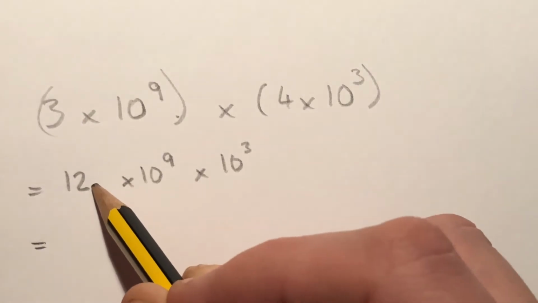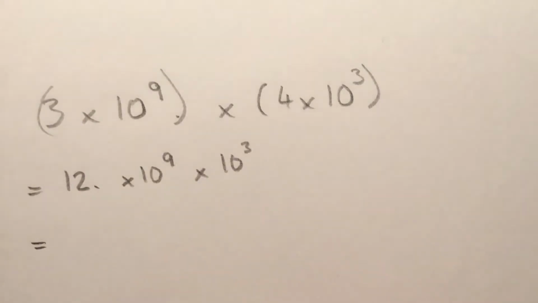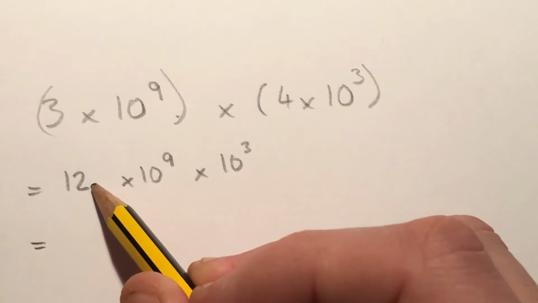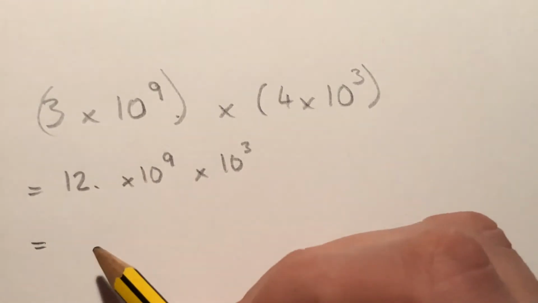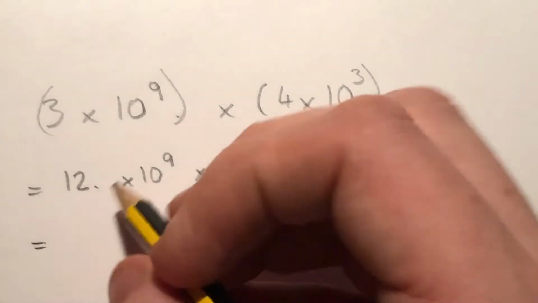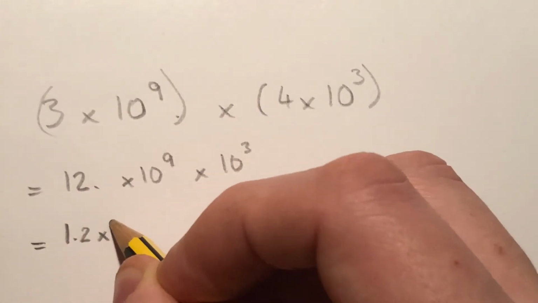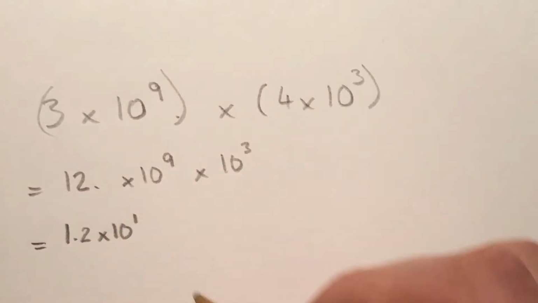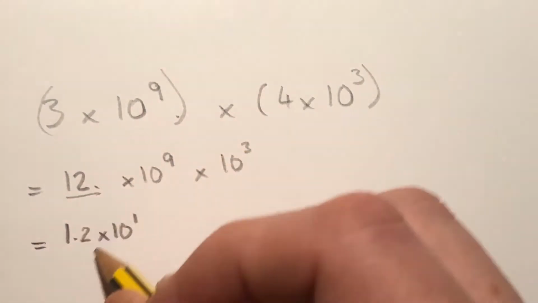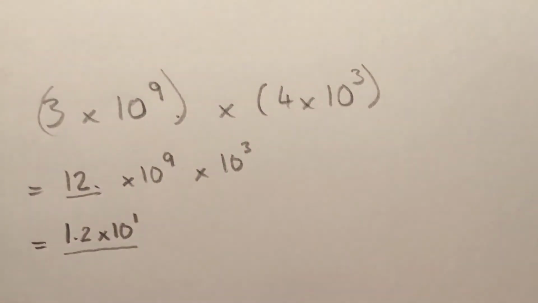Now this is just 12, so that decimal point must be at the end. What I'm going to do is move this decimal point one place to the left to create a number that lies between 1 and 10. So I've got 1.2 times 10 to the power of 1. So this 12 has turned into this bit here.